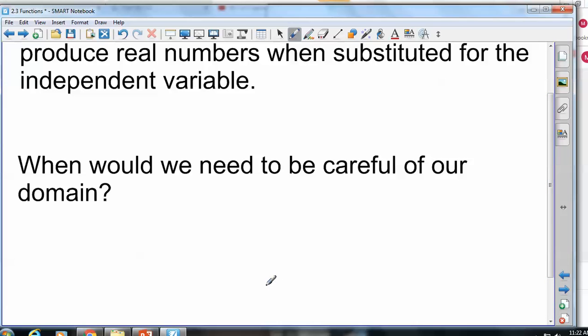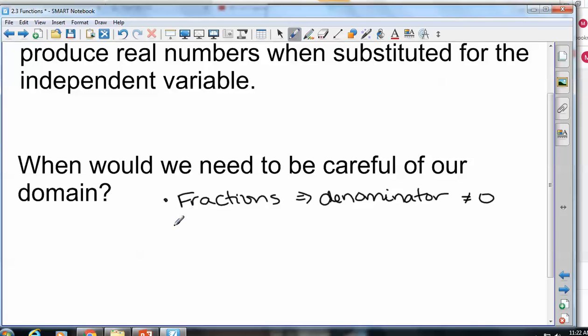We've talked about one of them already. If you have a fraction, what do you have to worry about? No 0 on the bottom. So in fractions, the denominator cannot equal 0.